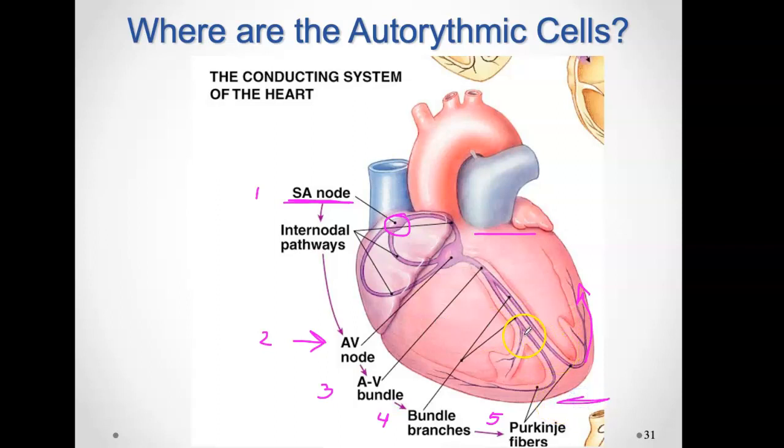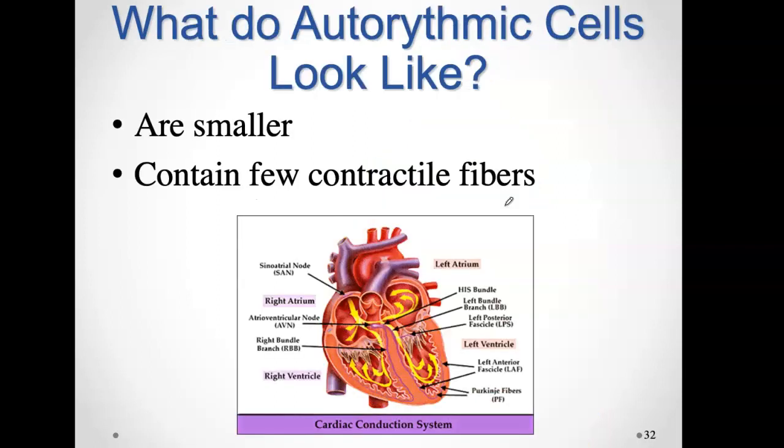And that makes total sense because the exit way for the blood is up at the top. So if we were to just contract here, we would jam blood down to the apex. Instead, we contract at the apex and shunt blood up. Those are the autorhythmic cells.